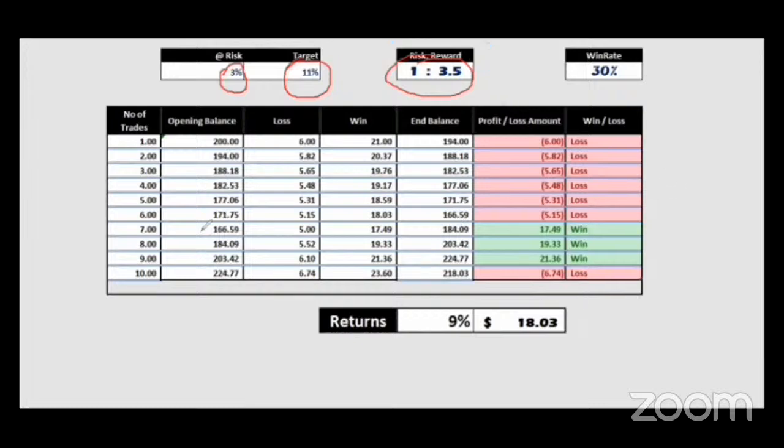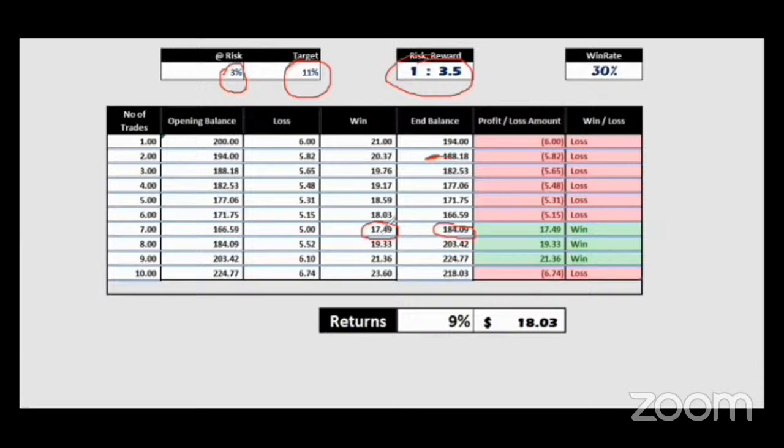So what then happened at the 7th trade? At the 7th trade, the person made a win, which was the first win whatsoever, and the win made a return of $17.49, taking the person back to 184. You can see it's very close to what we have right here.